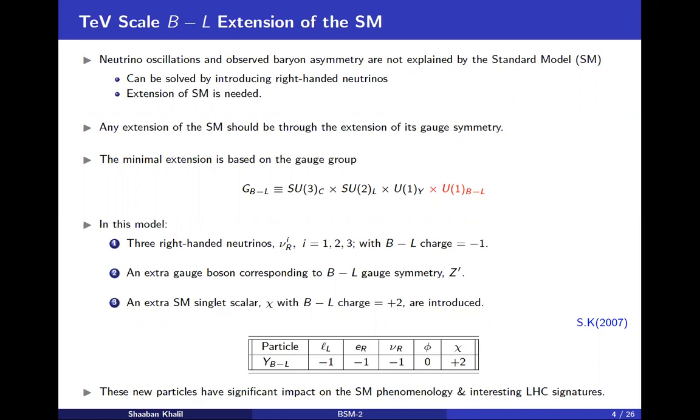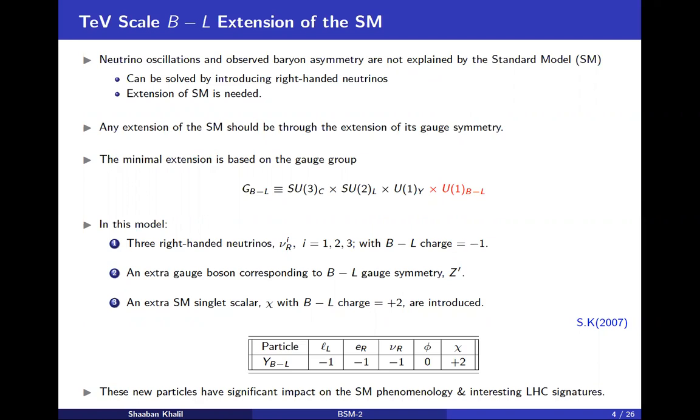It was a master exercise for one of my master students. He's now an associate professor or so, but he did this exercise because everybody was considering B minus L in GUT models at a very high energy scale.